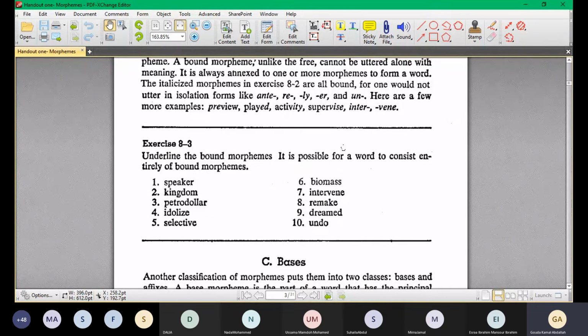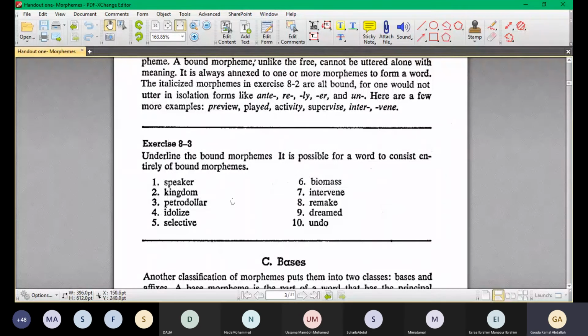And then number four, where is the bound morpheme? It's IZE, which is again another bound morpheme because it cannot stand alone. It must be added to another morpheme to form a word.